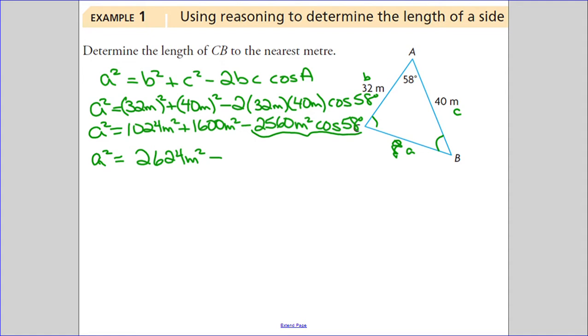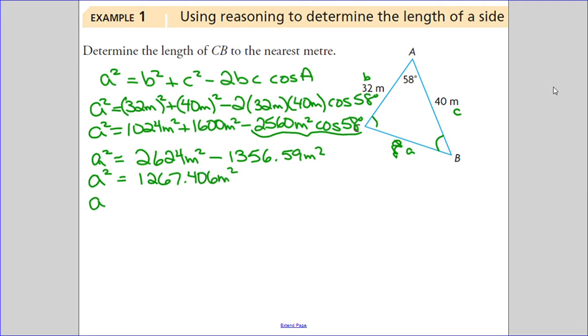Okay, so 2,560 times the cosine of 58 gives us 1,356.59 square meters. Because my units are the same, I can combine them together. So in this case, I get 1,267.406 square meters.